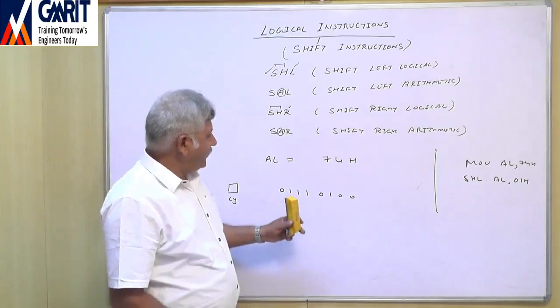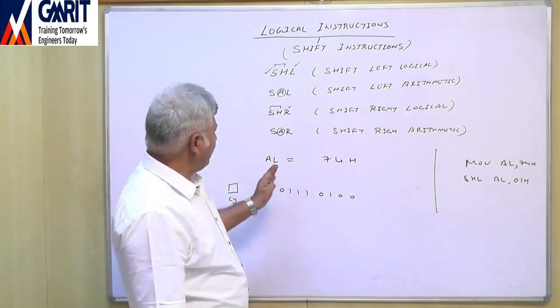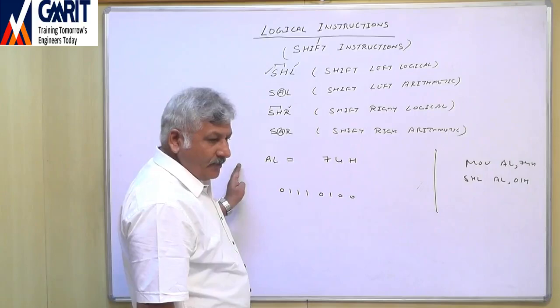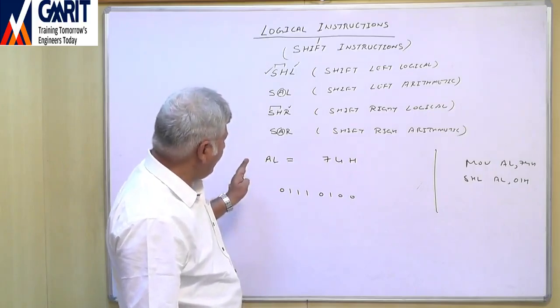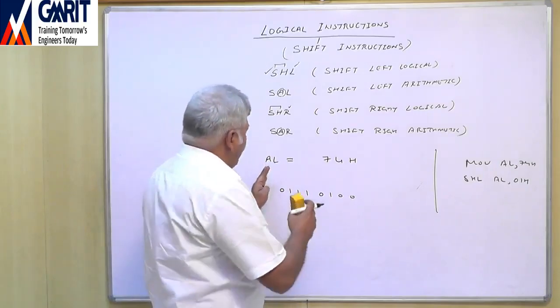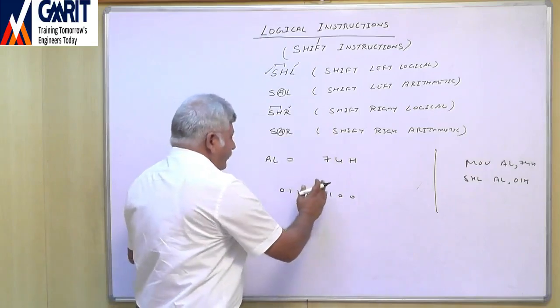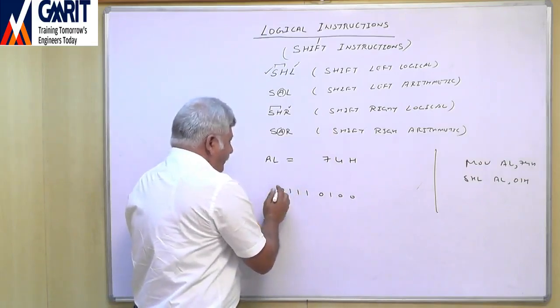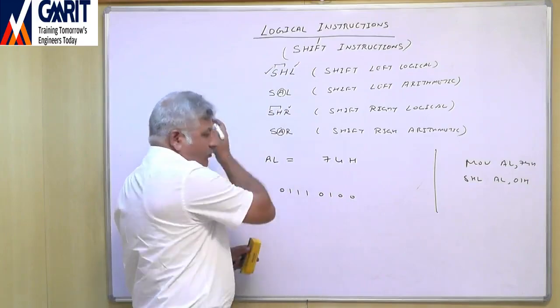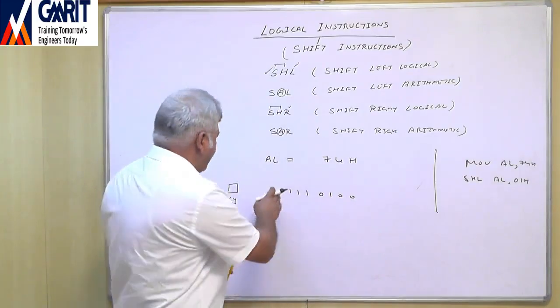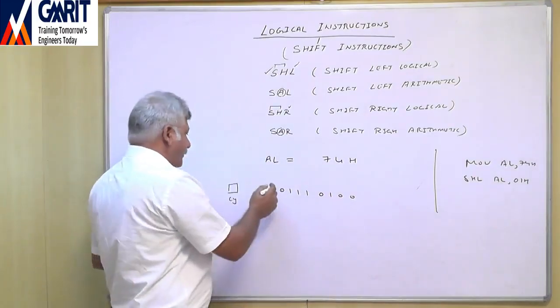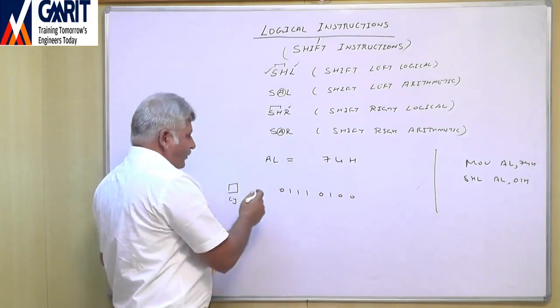So when we are shifting this number towards the left side, you just see this 0 will go out, right? And it will be stored in the carry flag. So this 0 will come in the carry flag.